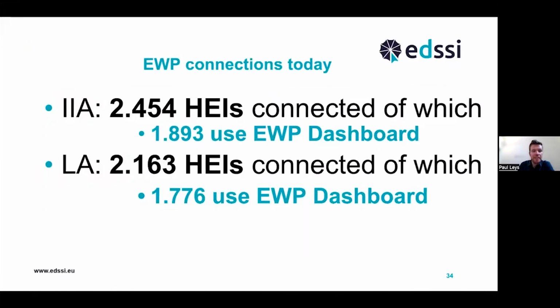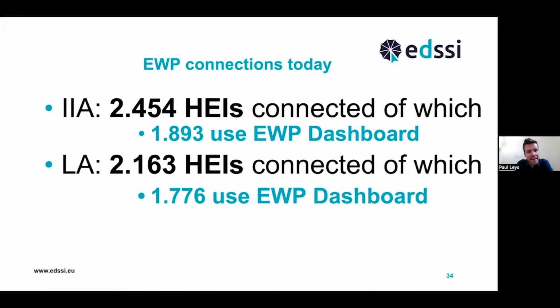In order to give you a little bit of an idea on where we are today, currently there are 2,454 higher education institutions connected. The large share of universities use the EWP dashboard, and the same for learning agreements.